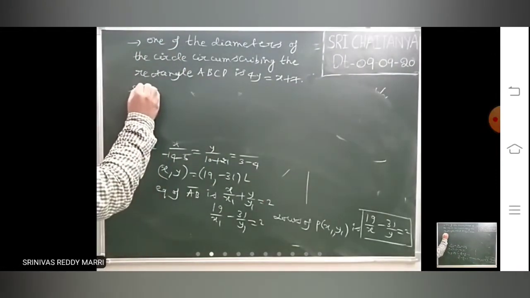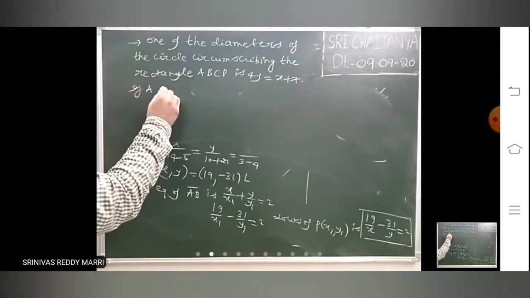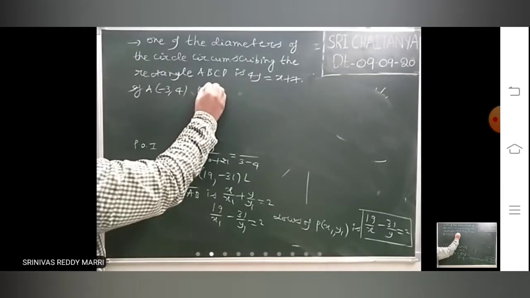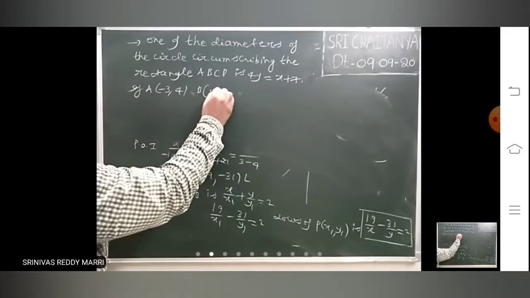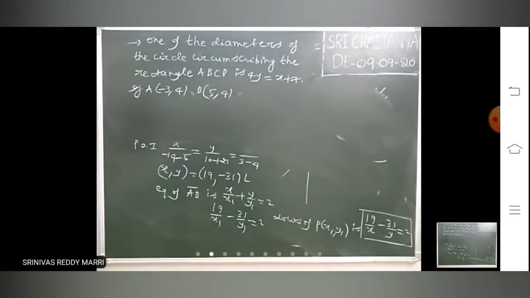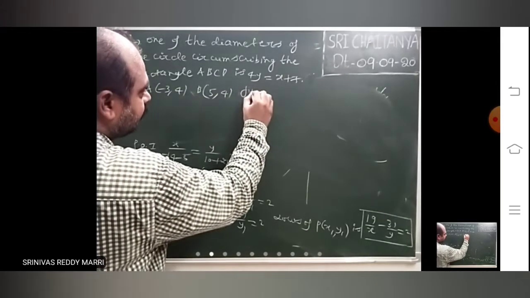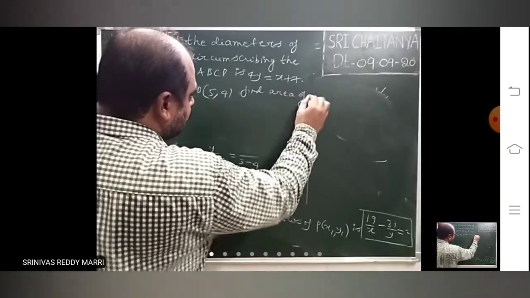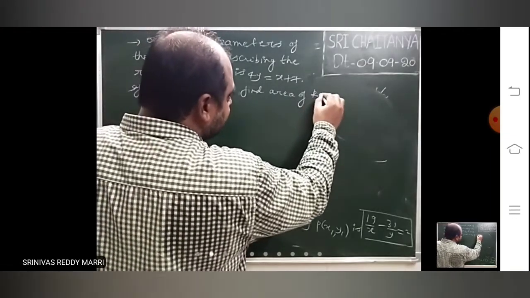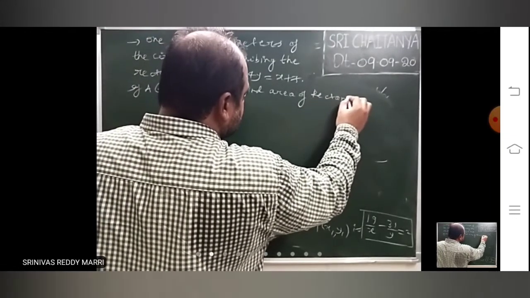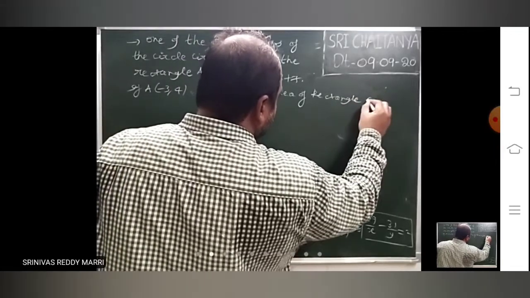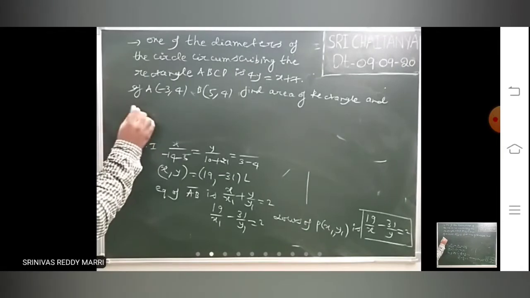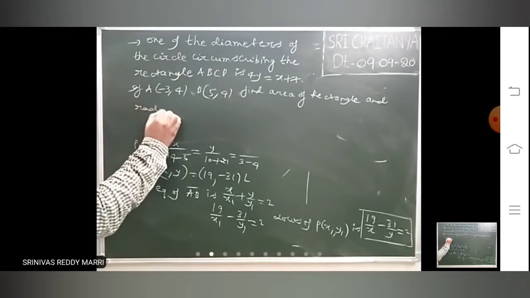If A is (minus 3, 4) and B is (5, 4), find the area of the rectangle, the area of the circle and the radius of the circle.